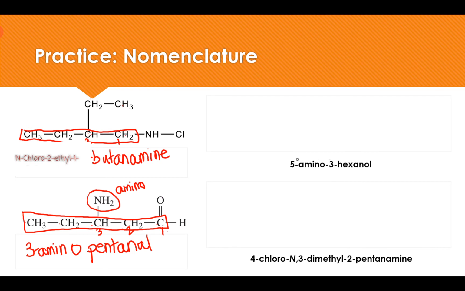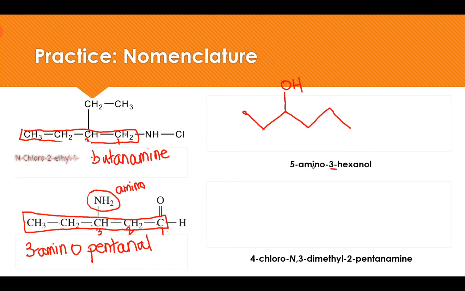Now we will draw 5-amino-3-hexanol. Hexanol, it doesn't say cyclohexanol. This is just a straight chain. 1, 2, 3, 4, 5, 6. So we got our 6 carbons. 3-hexanol means off of the third carbon, we have an alcohol group.